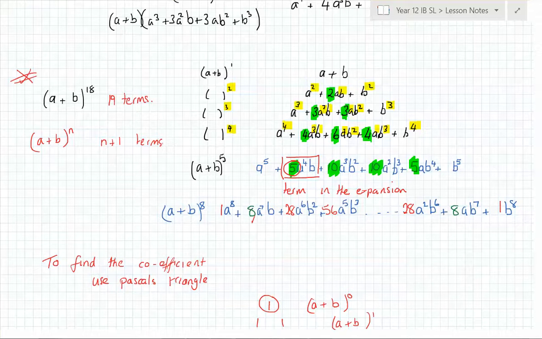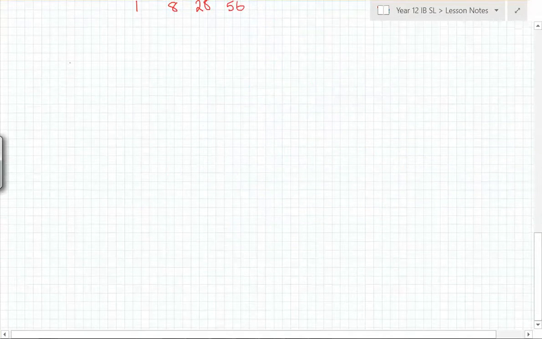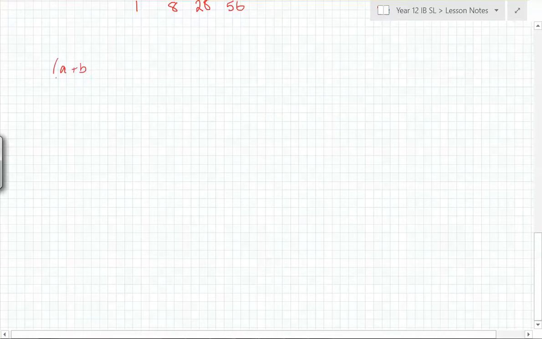So what happens in an exam is you will not be asked to write out all 19 terms. You will be asked to write one particular term out of the whole expansion. So I would say to you, for instance, we've got this expansion, a plus b to the power of 18, and I want you to tell me the term in a to the power of 11.